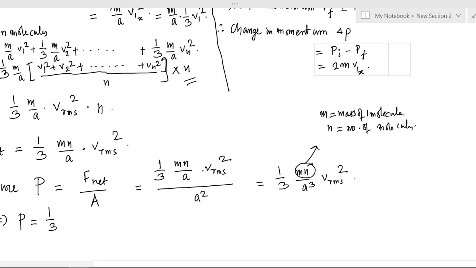mn is giving you the mass of the gas contained inside, because the mass of n number of molecules, the gas contained within the cubical space in 3D was having n number of molecules in total. So mass of each molecule is m multiplied by n is giving you the mass of n number of molecules, that is the mass of the gas as a whole.